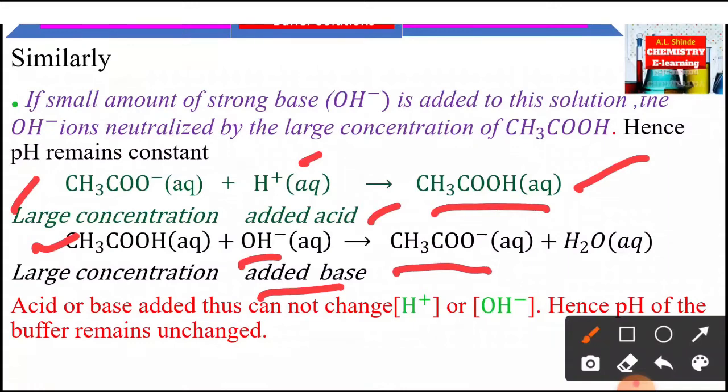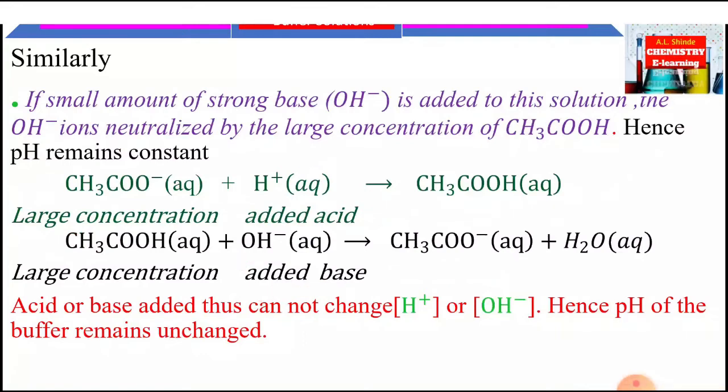Hence, again there is formation of acetate ions having formula CH3COO minus. Hence, the acid or base added thus cannot change the molar concentration of H plus ions or molar concentration of OH minus ions. Therefore, the pH of the buffer remains unchanged, that is, remains constant.